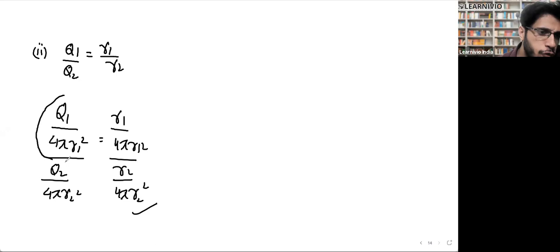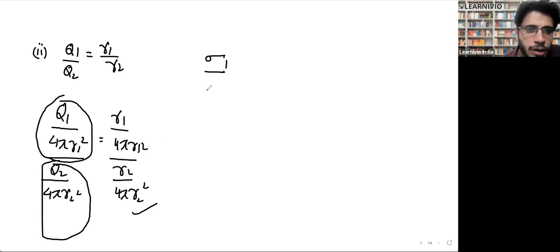This Q1 by 4 pi R1 square is sigma 1. This Q2 by 4 pi R2 square is sigma 2. The 4 pi cancels. Then R1 will cancel the square, R2 will cancel the square, and R2 will move to the numerator.